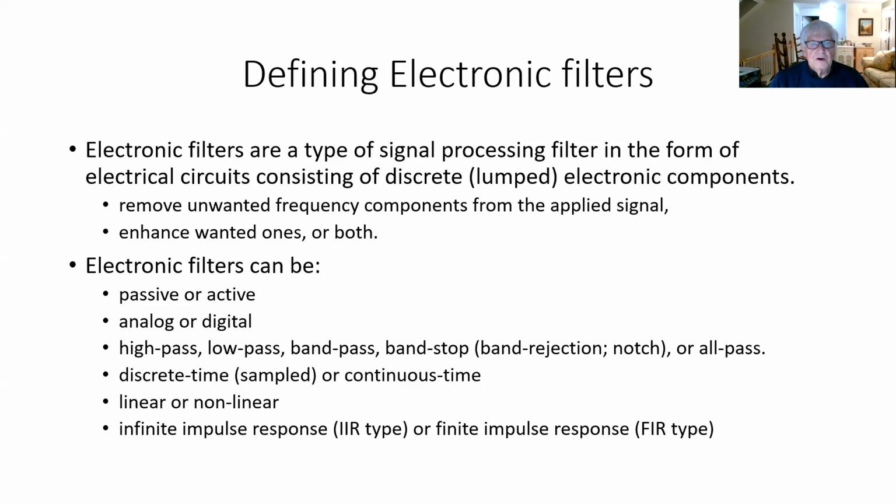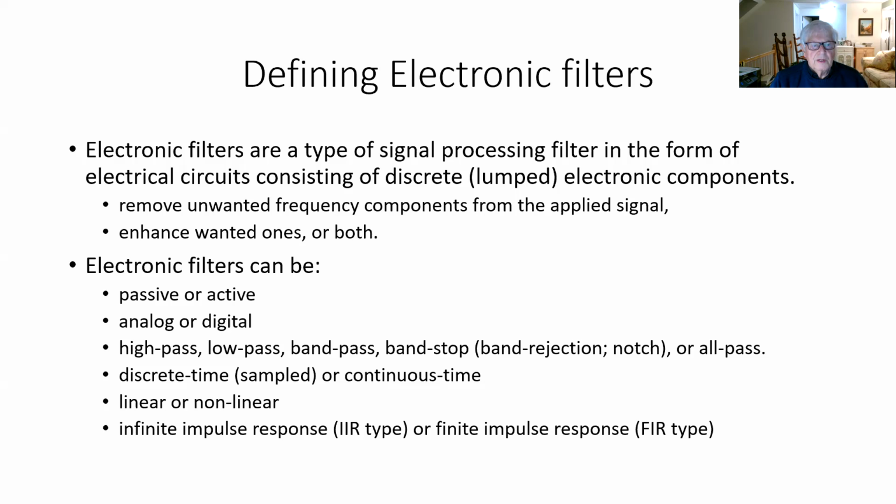So let's define first what electronic filters are. They are a type of process which works by way of an electrical circuit using electronic components, okay? And what they do is they remove unwanted frequency components from some kind of a signal that we're picking up.